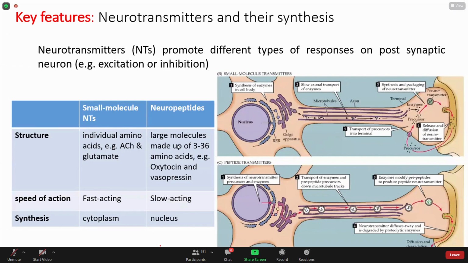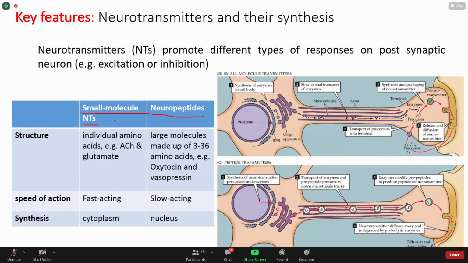But here, what you need to know is that neurotransmitters are the chemical agents which the chemical synapse uses to transfer information. Now, they can be categorized into two main categories: the small molecule neurotransmitters and the neuropeptides.